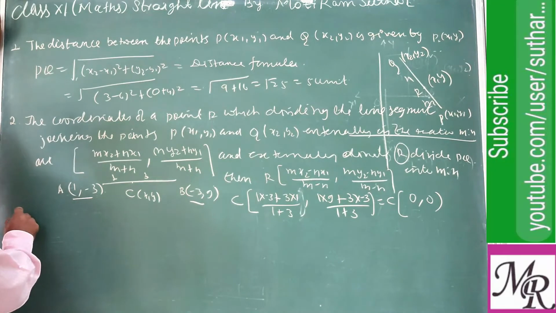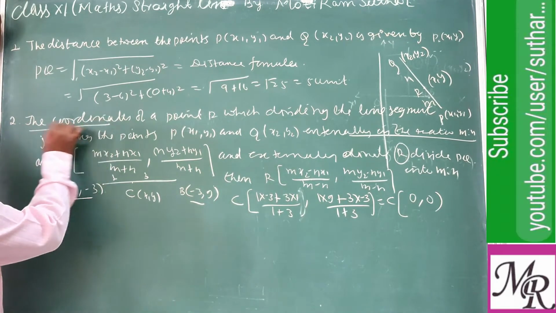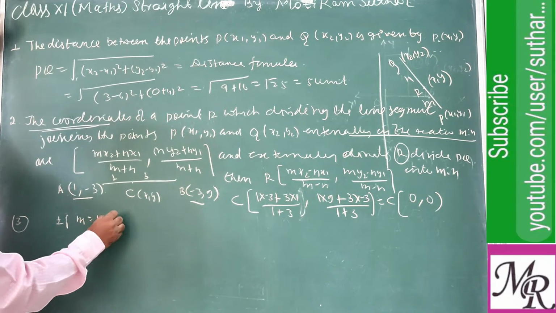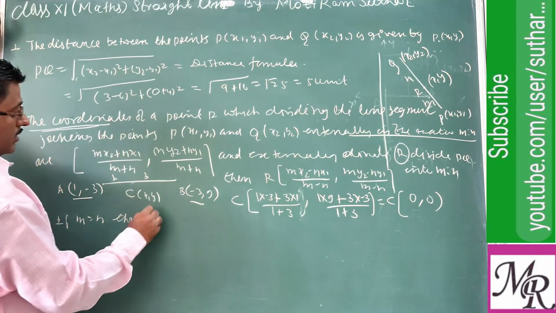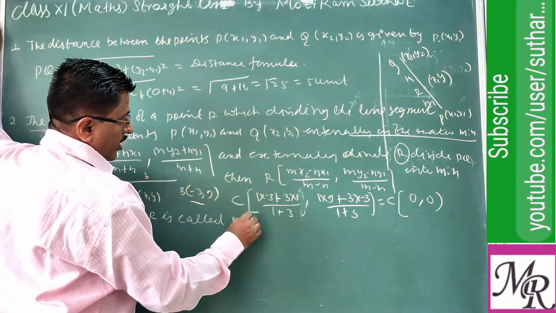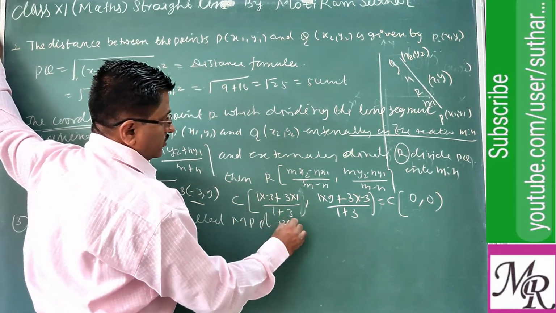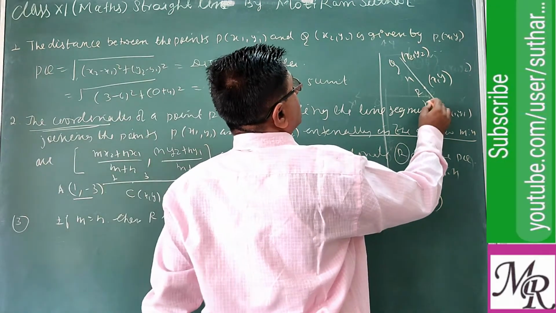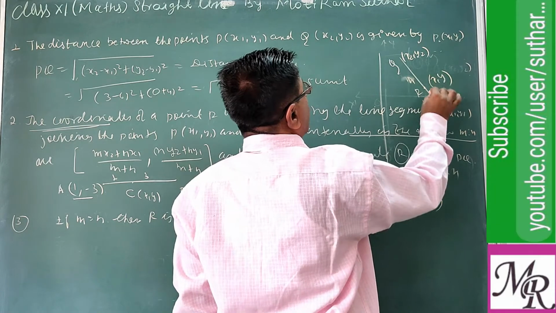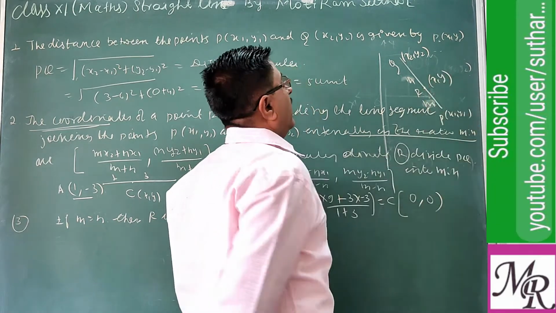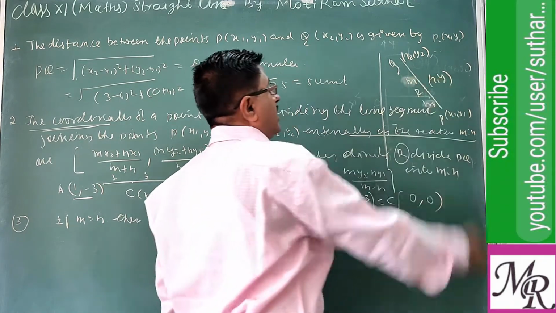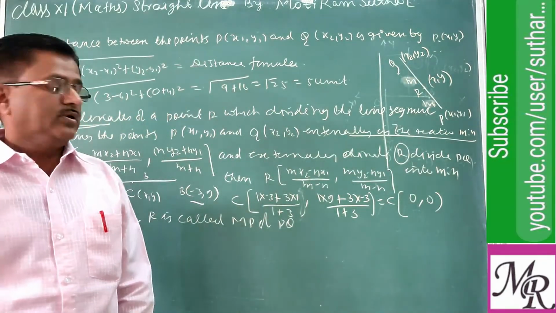And the third point is a particular case of this one. If m equals n, then R is called the midpoint of PQ. Now suppose the ratio is equal, m and n both are equal, like 1:1, 2:2, 3:3. Then we call this point R the midpoint of PQ.